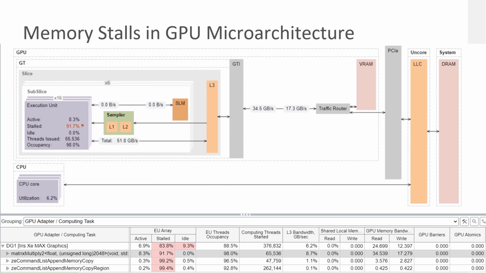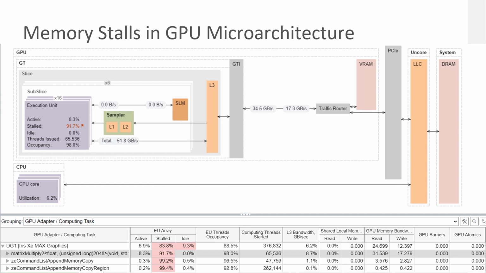If you observe some limitations in bandwidth, for example, level 3 cache bandwidth or memory bandwidth, it will be highlighted in pink against the computing task on the grid table. There are several metrics which reflect the bandwidth between the execution unit and different memory units.